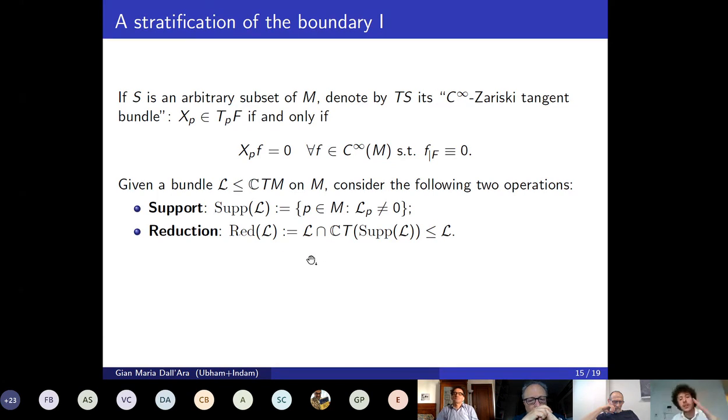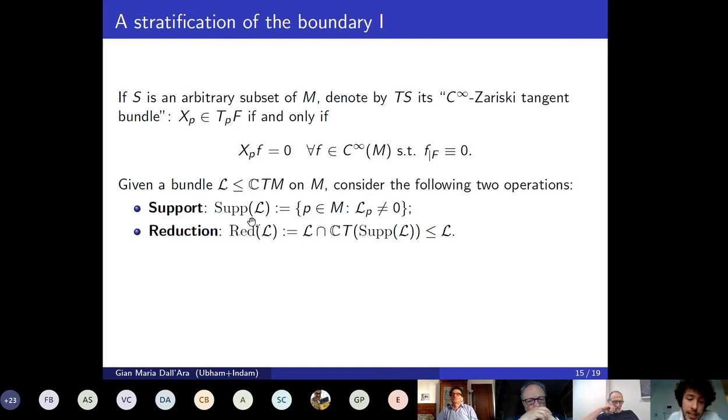What we are doing is looking at our distribution and intersecting it with the tangent to the support of the distribution. Okay, in a moment I'll give you a picture to explain what this means, but essentially if you have a distribution of subspaces, then you only want to look at vectors in this distribution that are also tangent to the support of the distribution itself.